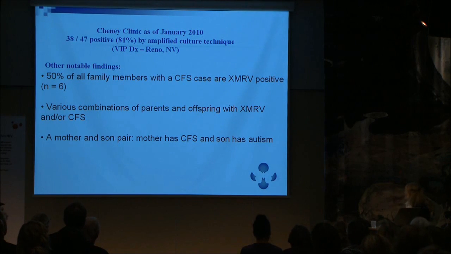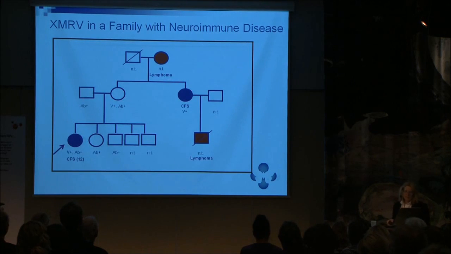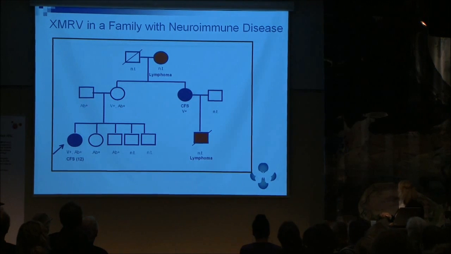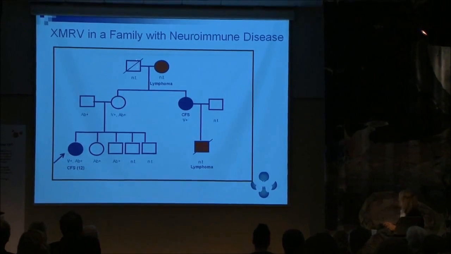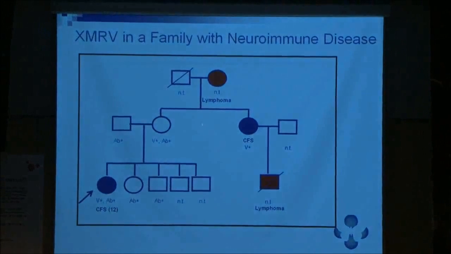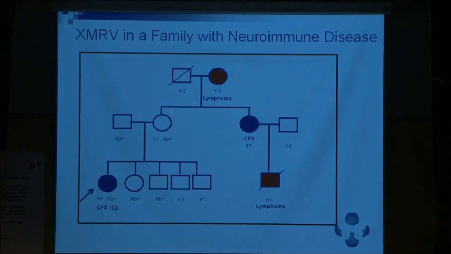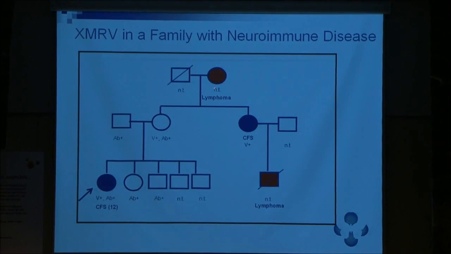And one case that intrigued Max was a mother and son pair, and the mother has CFS, and the son clearly has autism. So what Max did was he looked at families from our original study shown in Science, and I just show you here the family tree. In this particular extended family, while we didn't ever test the grandparents, the grandma had 3 different kinds of lymphoma.